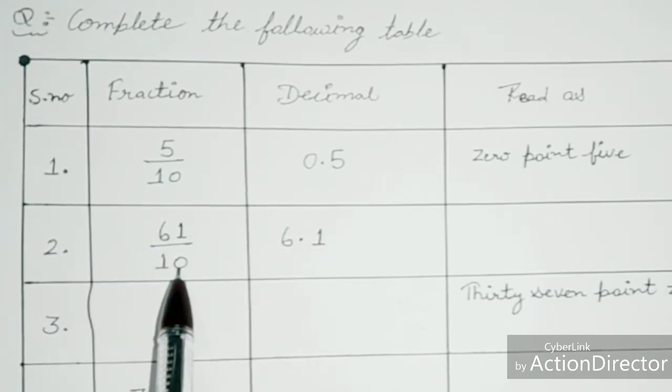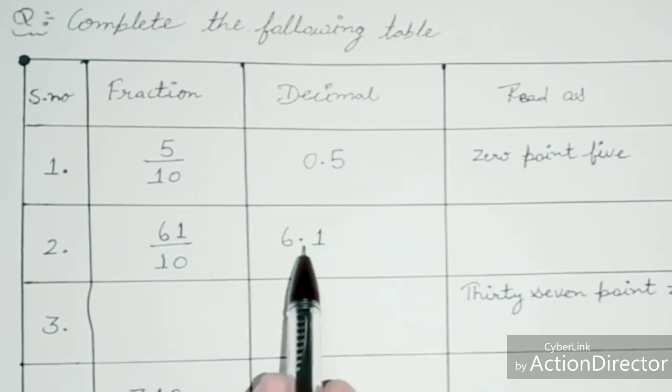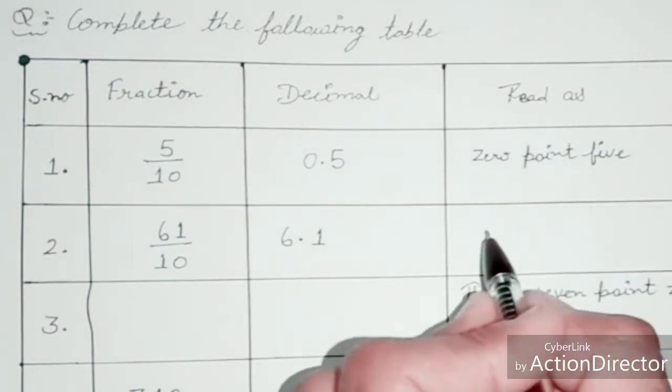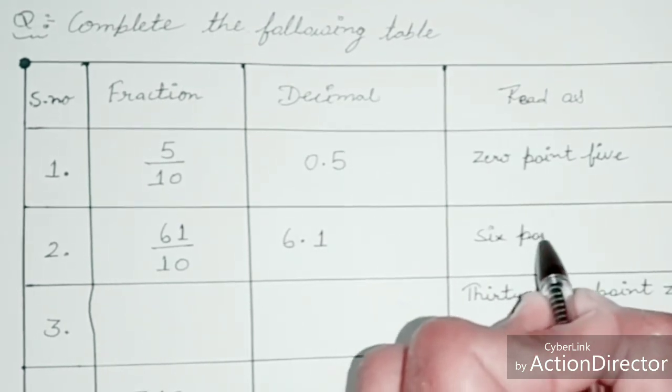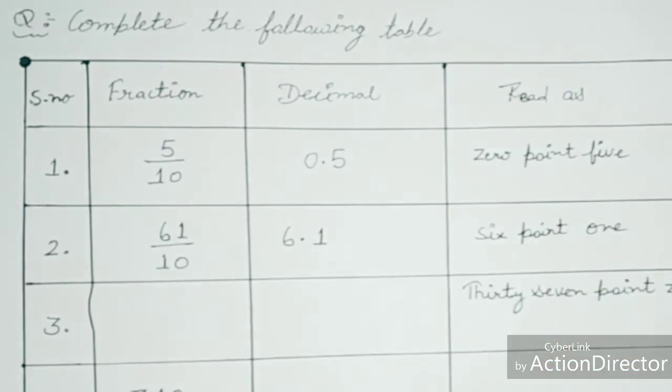This has only one zero, a single zero, so we put the decimal point before one digit, so we write in decimal form 6.1, and we read it as six point one.